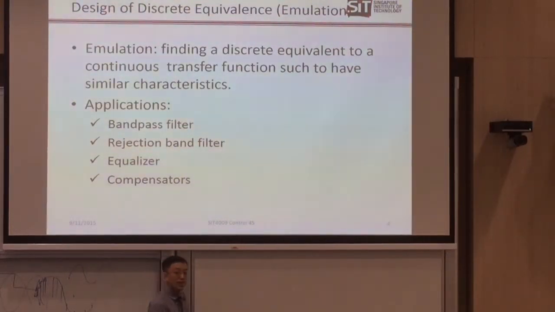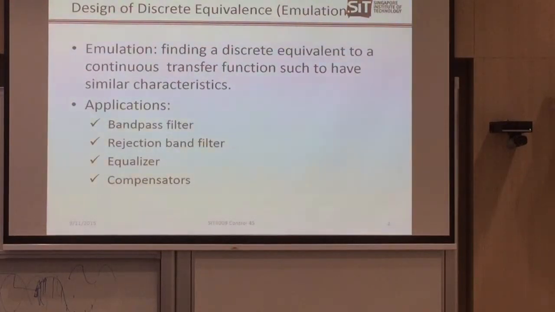Still remember your PID, still remember your low-pass filter. For all those S functions, we came up with certain difference equations, right? By the different approach you adopt, you may have a different equation.